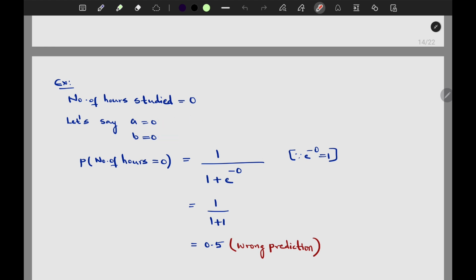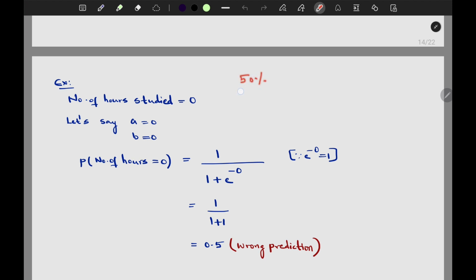When I calculate 1 by 1 plus e power of minus a plus bx, everything becomes 0. So e power of minus 0 is 1, and I'll get 1 by 2, which is 0.5.